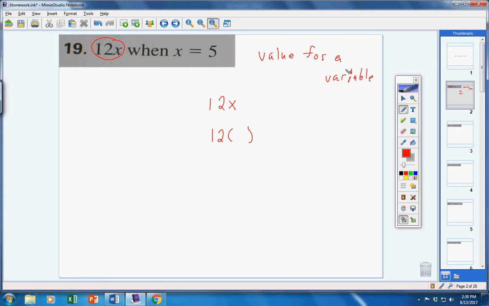Anytime that you put a value in for a variable, put a parentheses, okay? Now, when the 12 and the x are side by side, that means they're multiplying. So we have 12 times x, where x equals 5. Put the 5 right here, and 12 times 5 is 60. And there's your answer, all right?